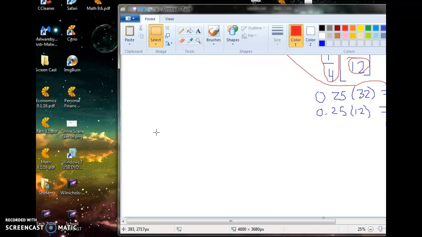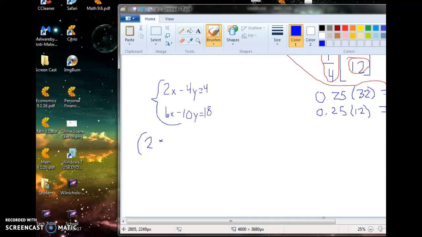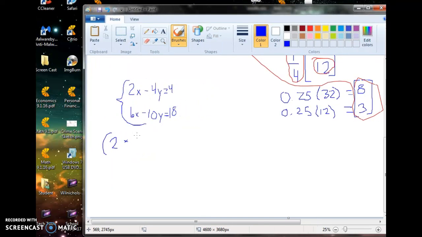So we have 2x, put these in parentheses, x times our first number, 8, minus 4 times 3 from here equals our answer.